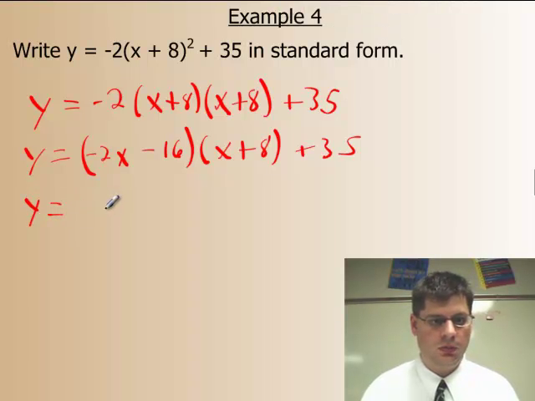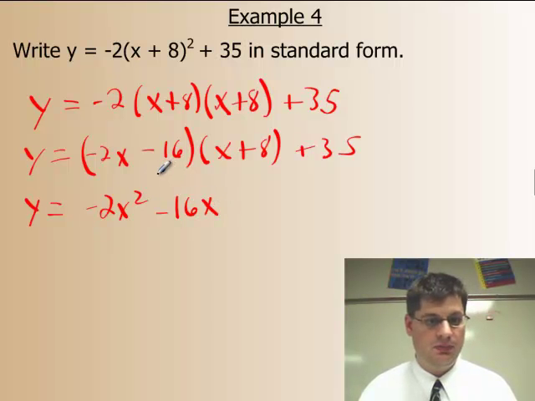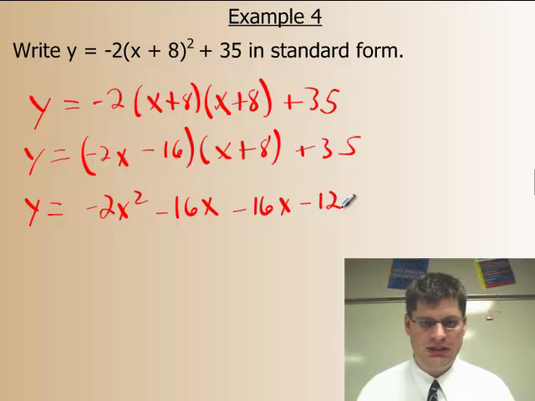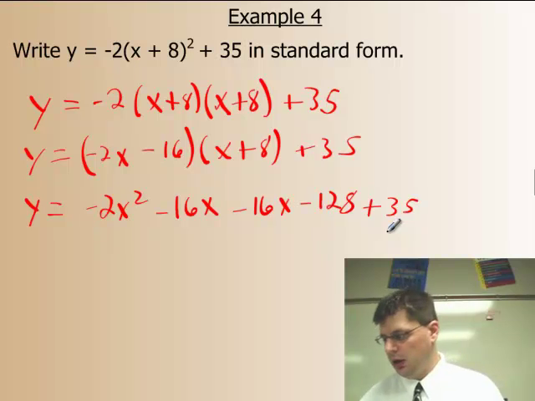So bring it down, y equals, and we'll distribute the negative 2x to both terms, leaving us with negative 2x squared minus 16x. And now we'll distribute the negative 16 to both terms here, minus 16x, and that should be negative 128 plus 35.